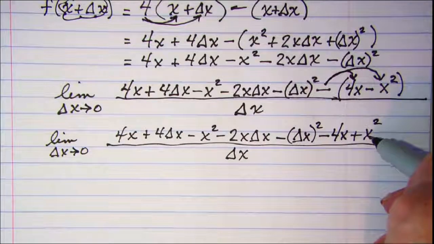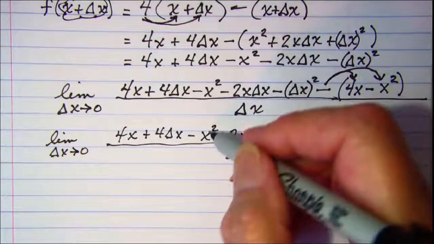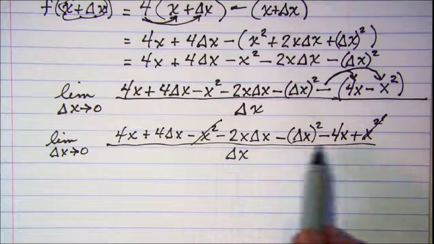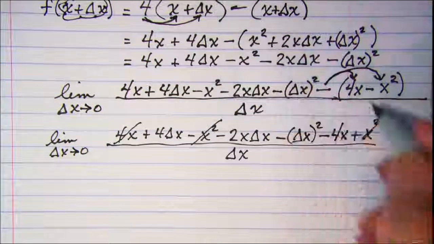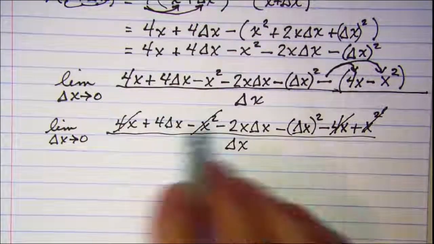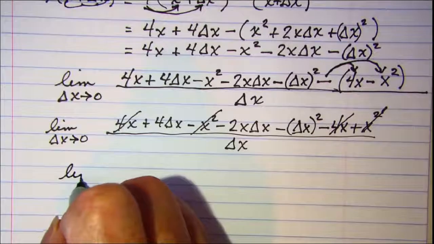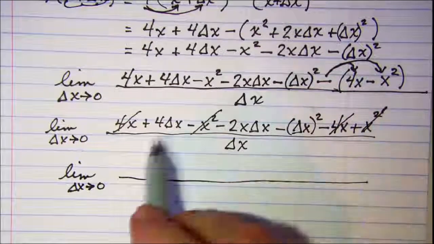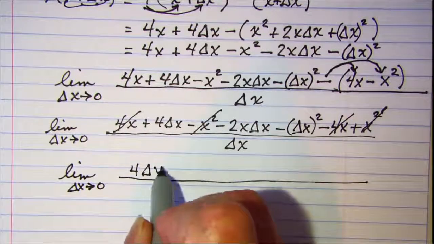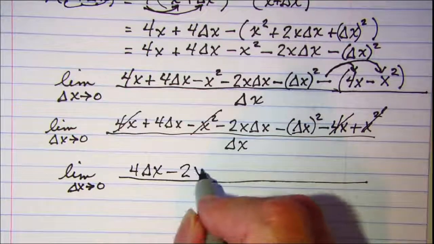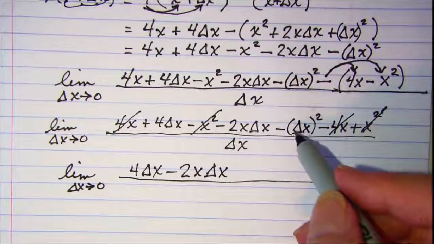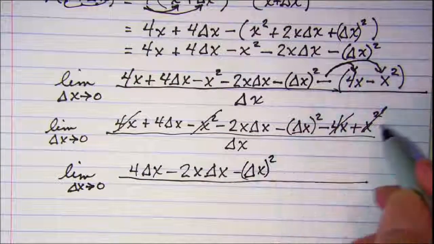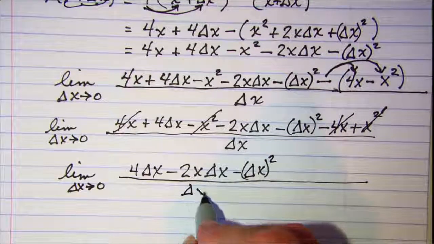I have a positive x squared here and a negative x squared here, so those will cancel. And I have a positive 4x here and a negative 4x back here. Those will cancel. So let's copy what I have now. So 4 delta x minus 2x delta x minus delta x squared, and then those are gone, all over delta x.